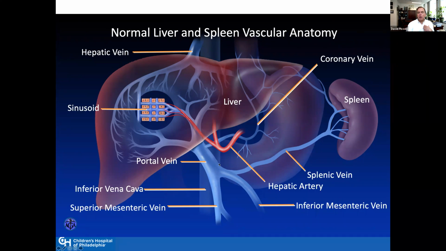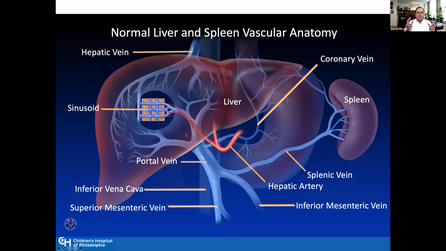These all come together in a portal vein, and portal means door or to carry, sort of like portaging a canoe, or the gates to the liver. And all of this blood flow should travel freely and at low pressure into the liver.